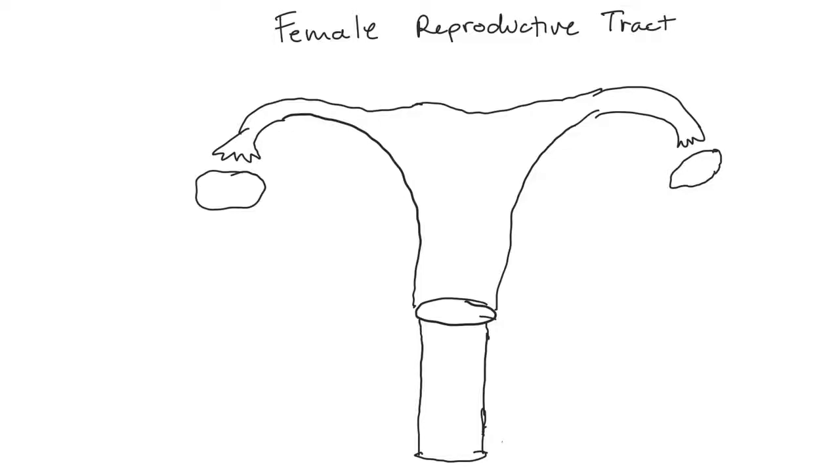Sometimes there are two uteruses that are separated from each other. How would that work for animals that have litters, like dogs and cats, where it's multiple? They're called bicornate, so it's like two horns, and within those horns you can have multiple pregnancies within that uterus.